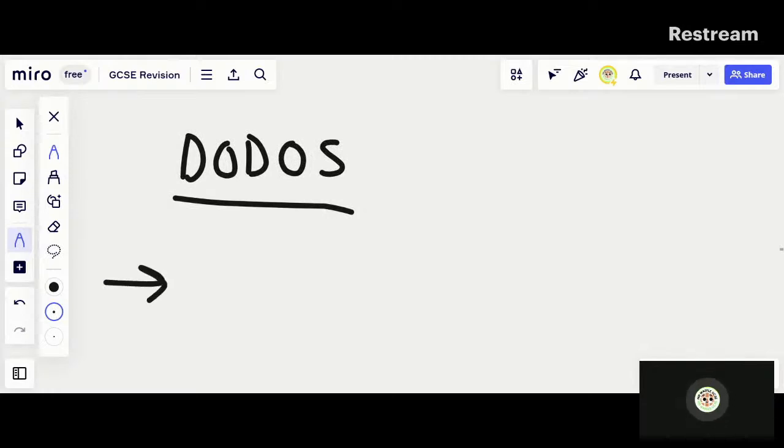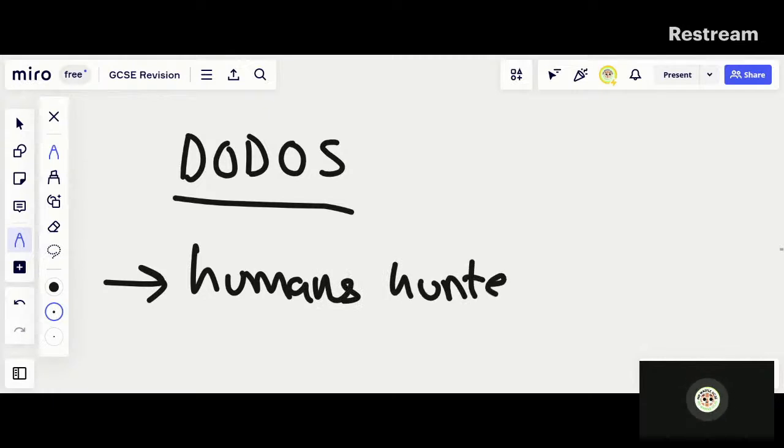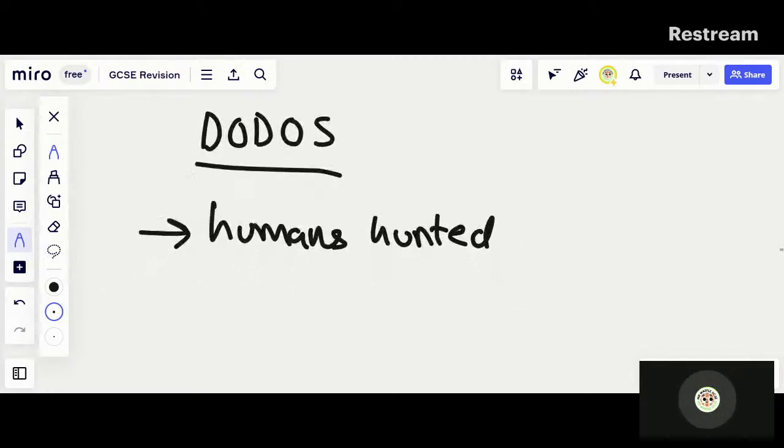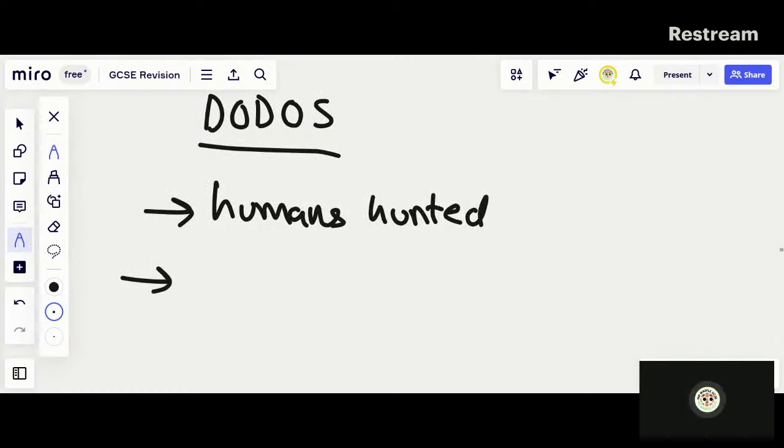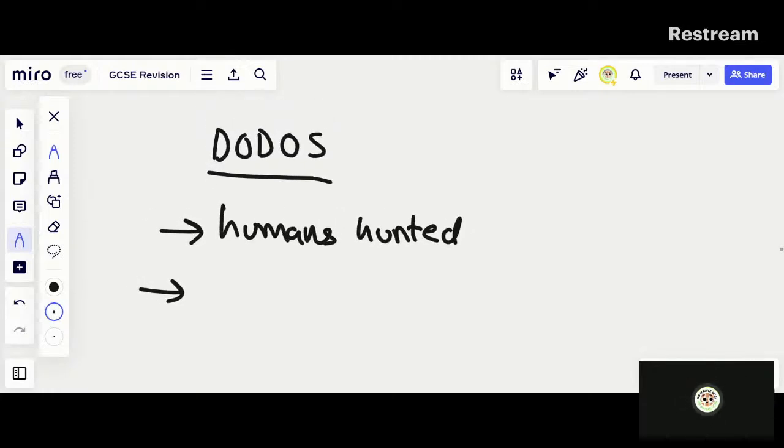Firstly, humans hunted them, so that could count as a new predator, humans. Another reason is other animals ate all of their eggs, so they could not reproduce, and also their forest was being destroyed, which is an environmental problem.